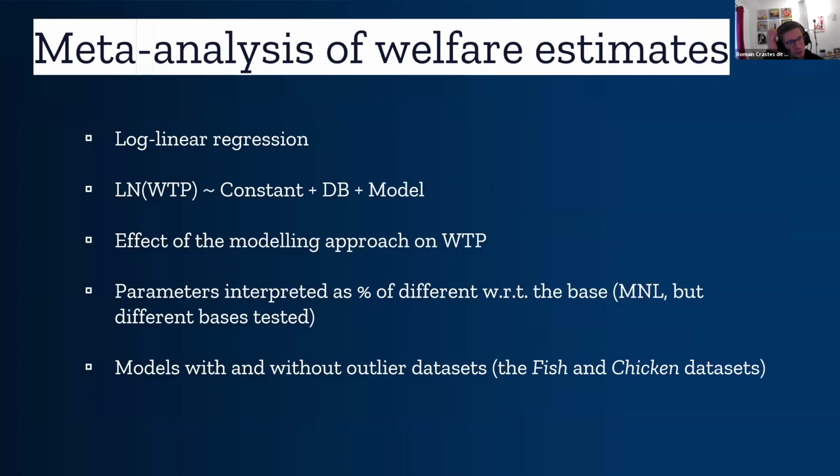In conclusion, what we can say is that we propose a specification which has virtually the same fit as the log-normal approach, while at the same time giving much more reasonable willingness to pay estimates.